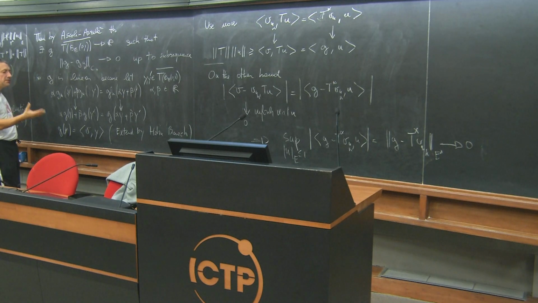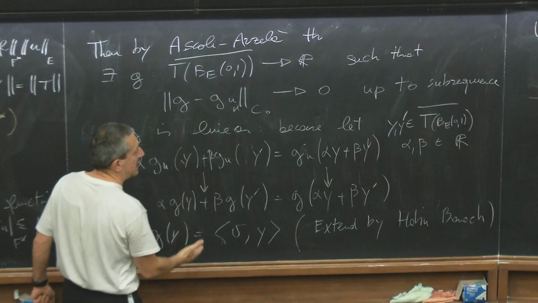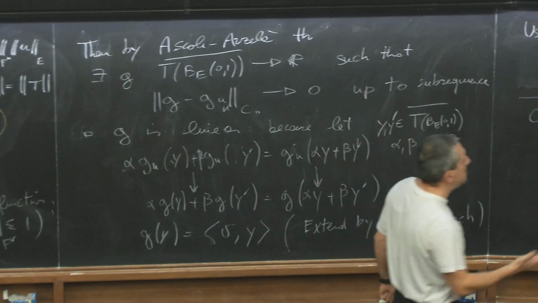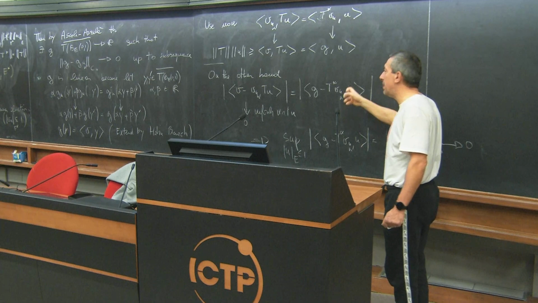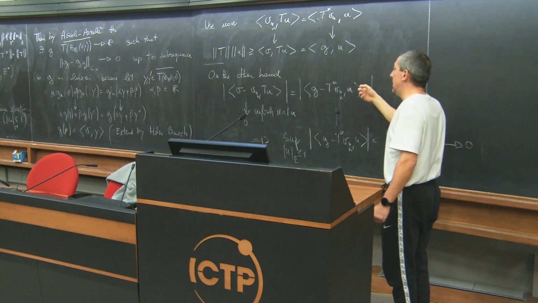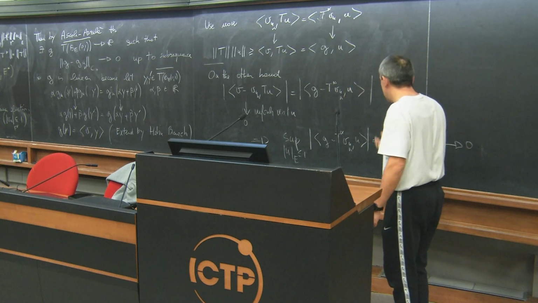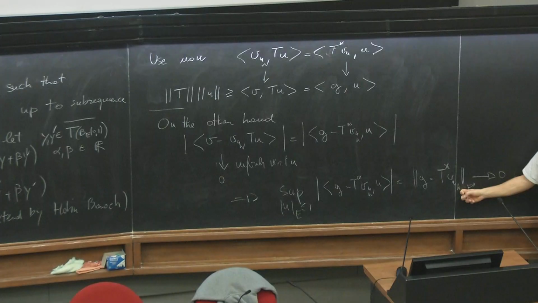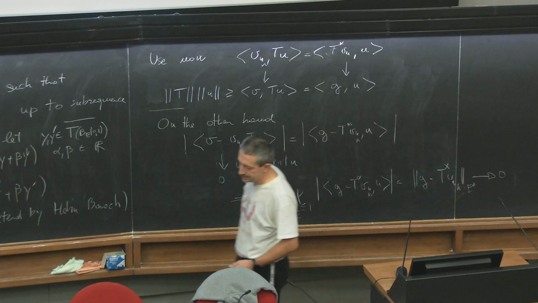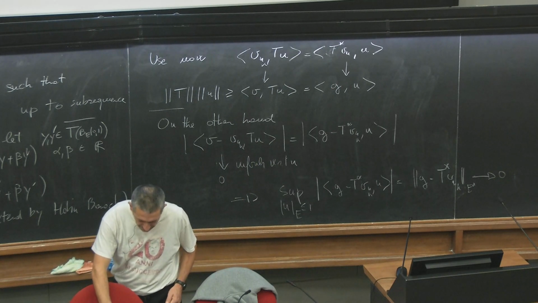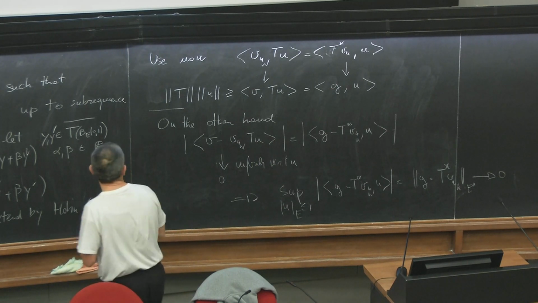It means that the limit is linear, and a uniform convergence of this object here, by definition of T star, and the uniform convergence of this object is equal to the convergence in norm. So I have that T star is compact. So how to do the other part?